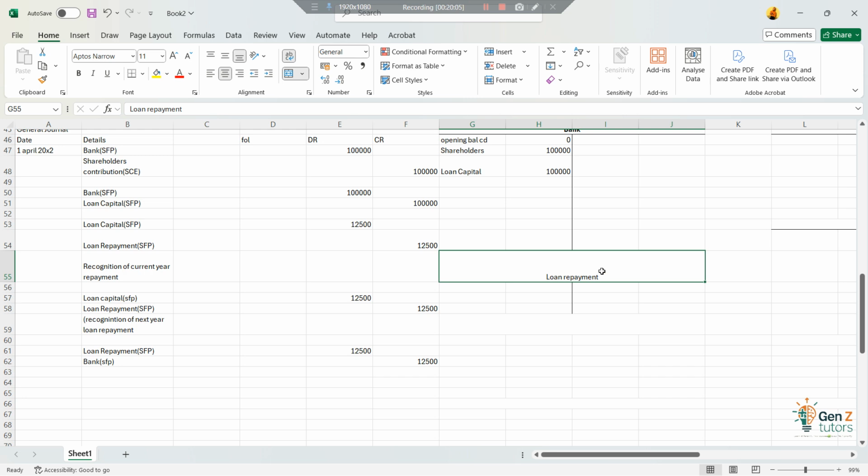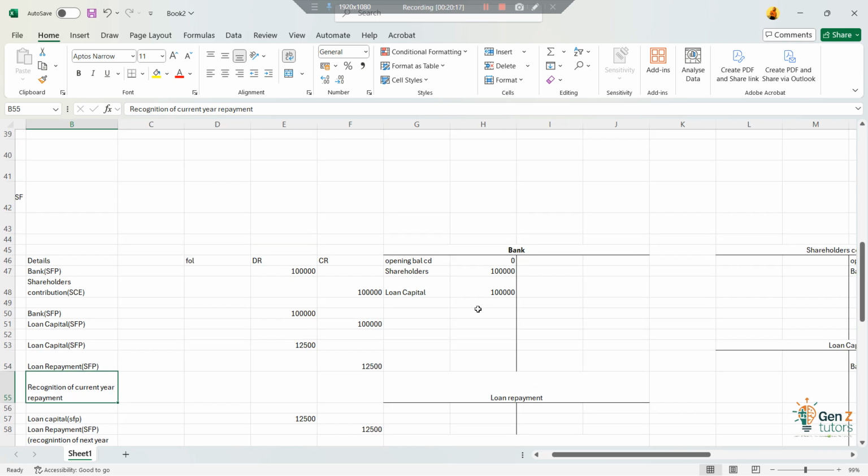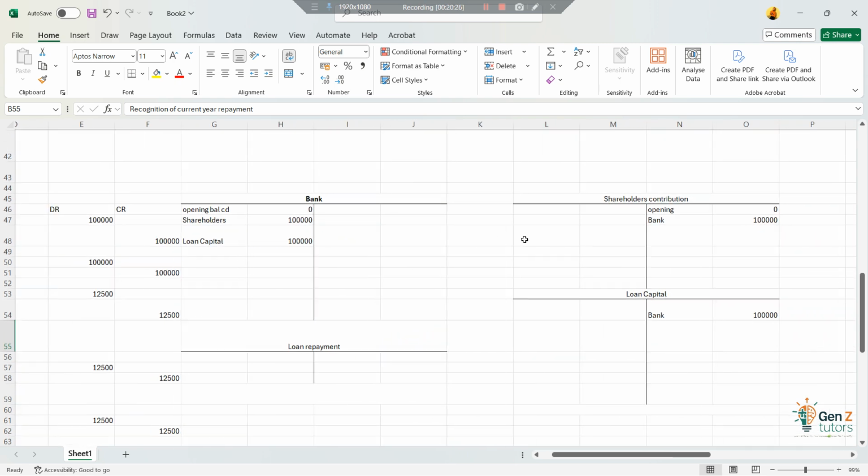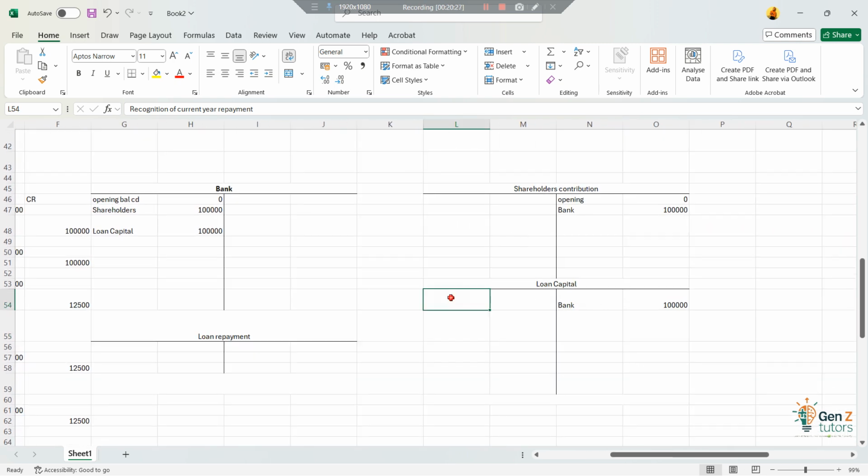On the loan repayment, how much of the loan are we paying actually? We're going to be paying 12,500 for the year, right? And then once we've paid that, you're going to say bank SFP and credit our 12,500 again, right?